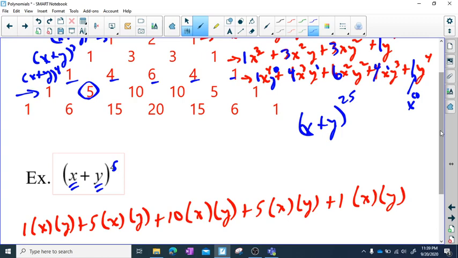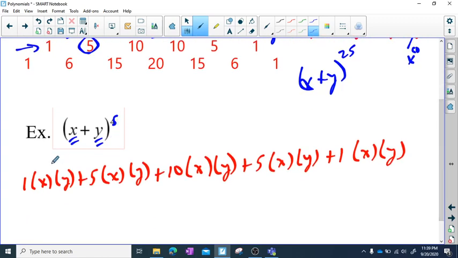If I put that into play here, these exponents should start out 5 and 0, 4 and 1, 3 and 2, 2 and 3. What did I screw up? 5, 4, 3, 2. I missed a term here. Oh, there were 2 10s.